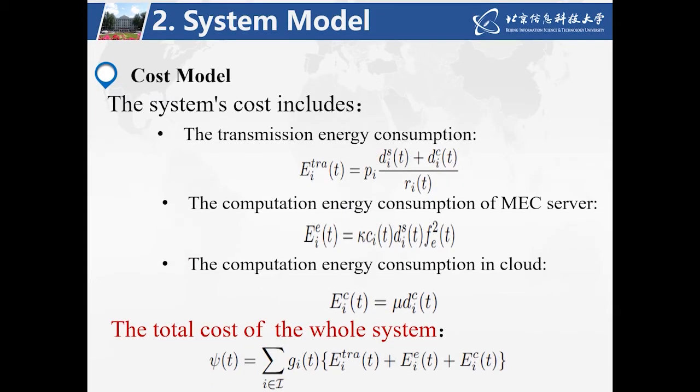In our optimization problem, we consider the energy consumption as the system's cost, which includes transmission energy consumption, computation energy consumption of a message server, and the computation energy consumption in cloud. Then, summing these 3 kinds of costs, we can get the total cost of the whole system as above.